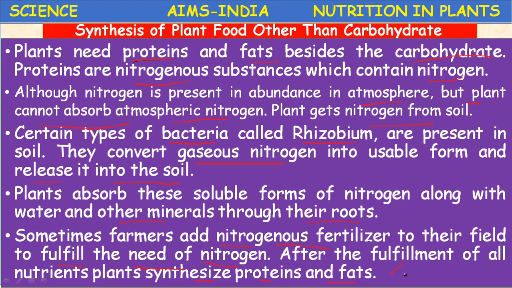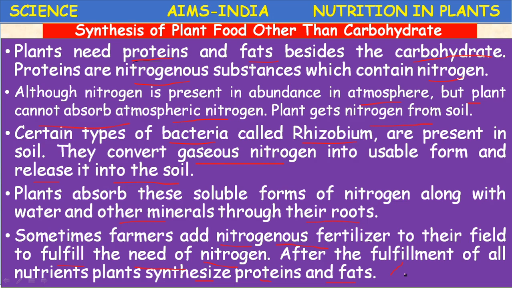Of course fats also contain carbon, hydrogen and oxygen, but especially proteins contain nitrogen. So nitrogen is one of the important requirements for the formation of proteins in the plants. That nitrogen requirement can be fulfilled or supplemented by adding fertilizers to the soil. If the soil is fertile, then it contains more nitrogen in it.